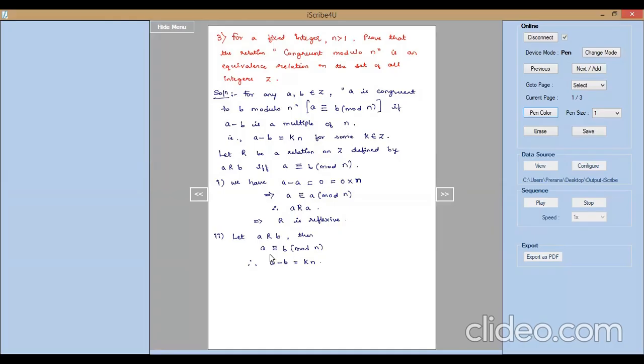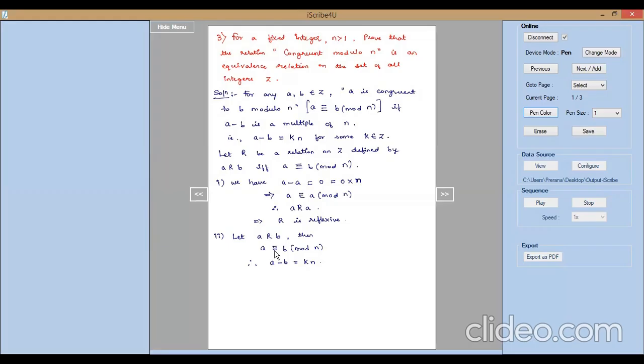So that is why A congruent to B mod n, I can write as A minus B equal to K into n. Now what do I have to prove? I started with A is related to B and I have to arrive at B is related to A. So in order to arrive at B is related to A, we want B minus A on the left hand side.